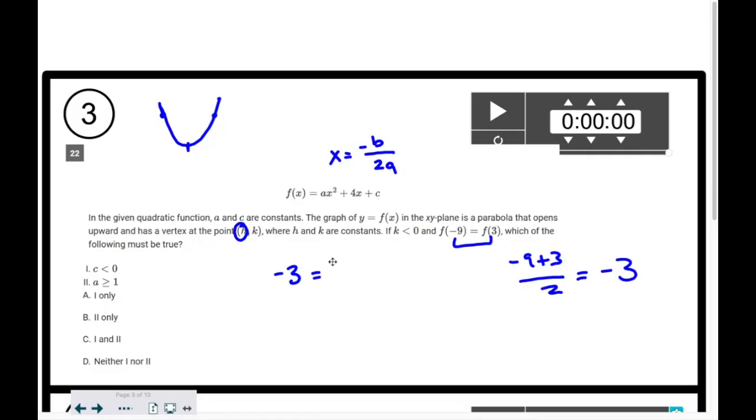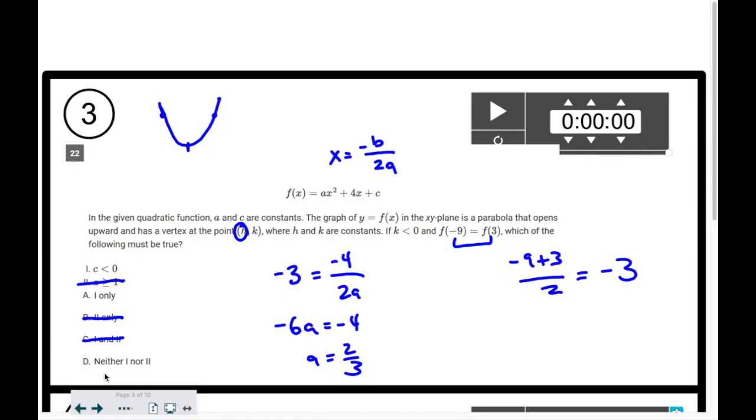So then -b is -4, a is a. So then I just quickly solve this. I get -6a equals -4. So a is 2/3. If a is 2/3, it cannot be greater than or equal to 1 because it's definitely 2/3. So that answer doesn't make sense. So it's not B or C. So it's either only one or it's neither.